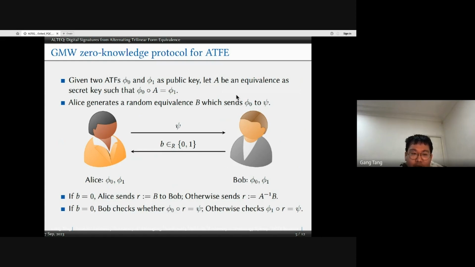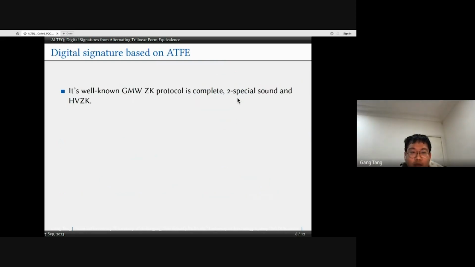For the response, Alice sends either the random instance B or the matrix that contains our secret key, A inverse B. For the check, Bob checks whether the response sends phi0 or phi1 to psi. It is well known that the GMW zero knowledge protocol satisfies completeness, soundness, and zero knowledge.